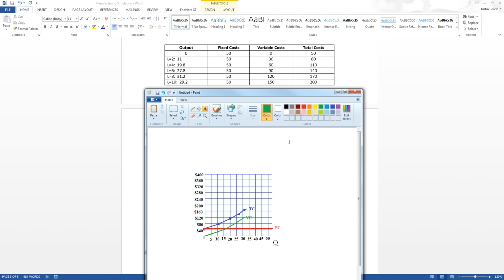All right, hopefully you got something that looks like this: total cost, variable cost, and fixed cost. And so what we're going to do here with these curves is, if you take a look at question 8, we want to think about why total cost is shaped that way and build some intuition as to why that is shaped the way it is. So total cost sort of growing slowly and then starts to go up really high.